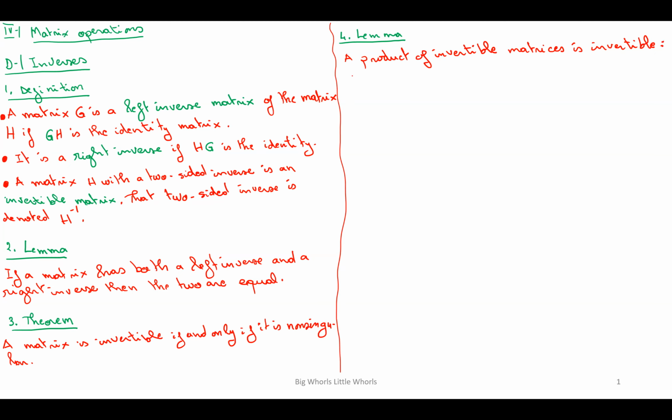So let me continue with the formal expression: if G and H are invertible and GH is defined, then GH is invertible.